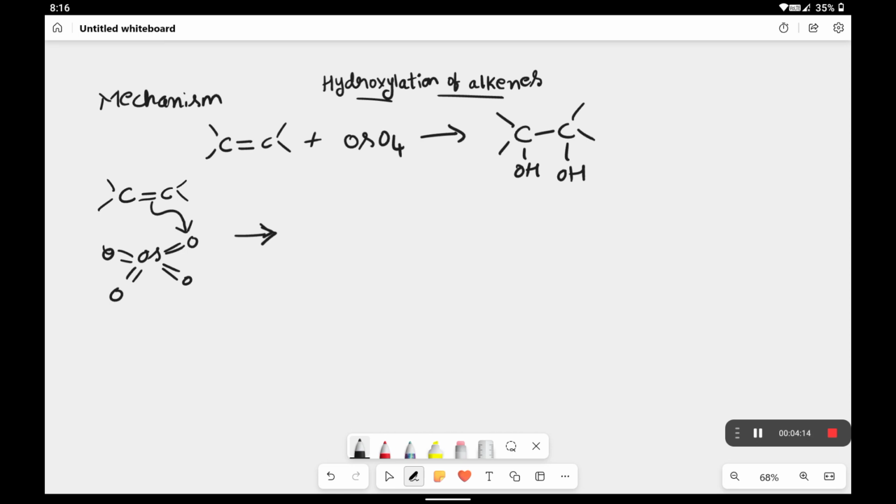That's why the nucleophilic alkene attacks this oxygen atom, and the electrons move in this way. Then this oxygen again attacks the carbon of the double bond, and it forms a cyclic inorganic ester.